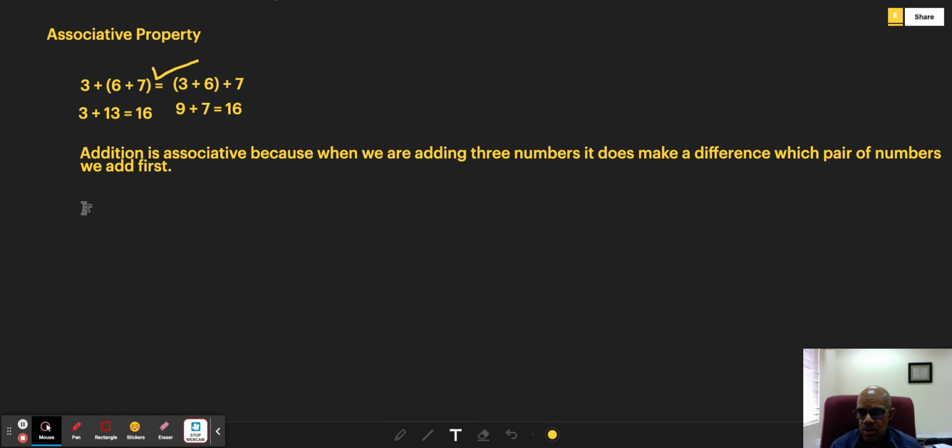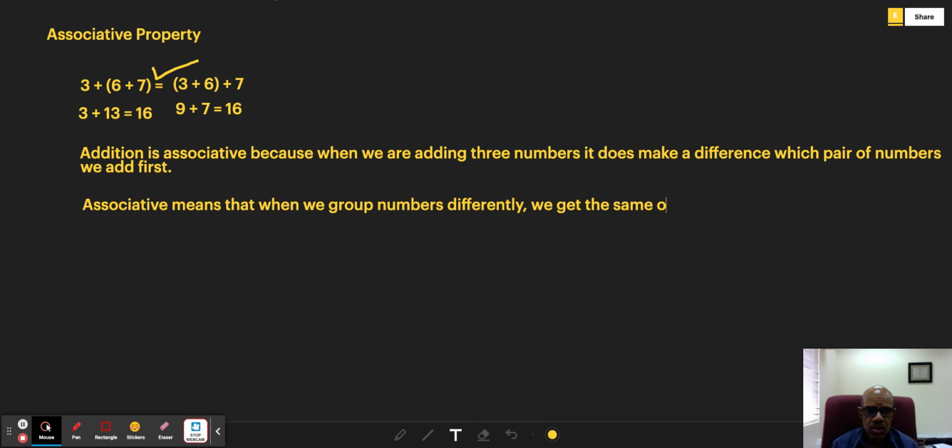And so associative means that the pairings, that when we pair or when we group numbers differently, we get the same outcome.